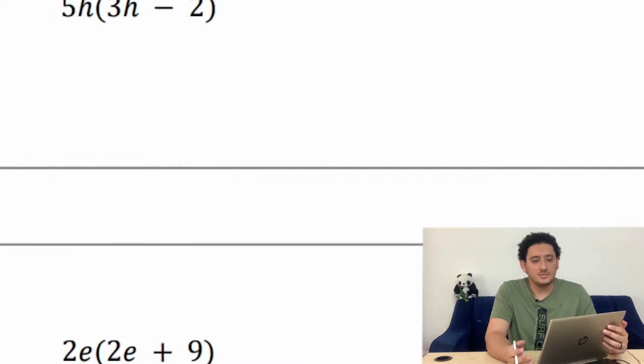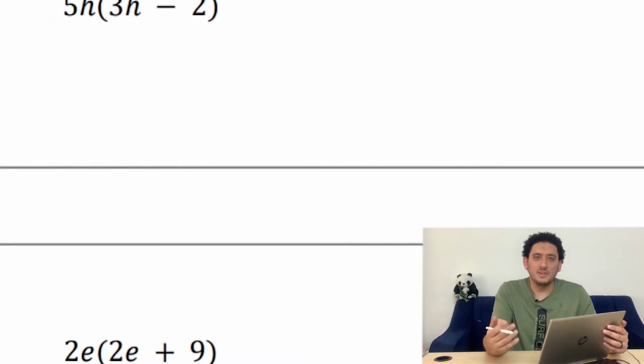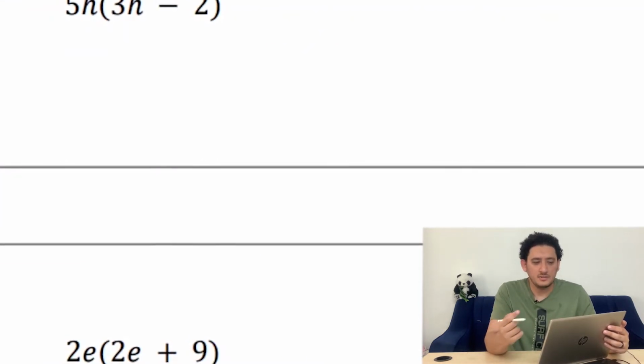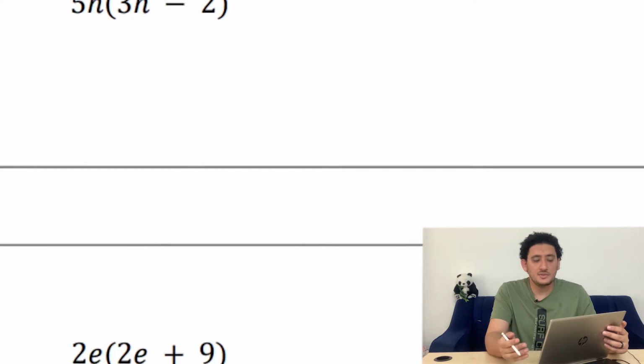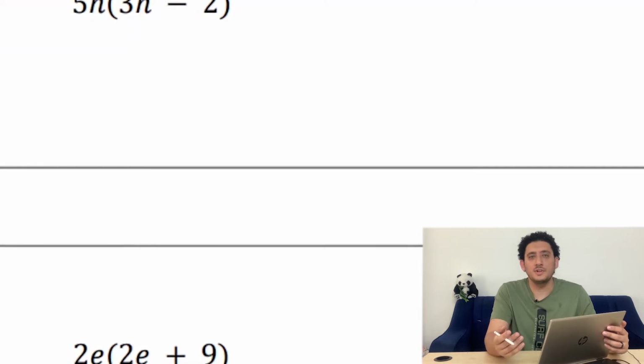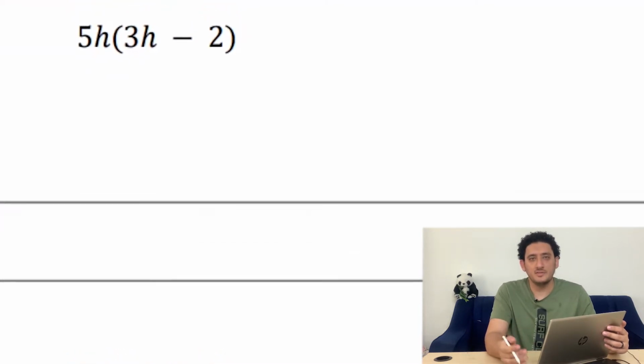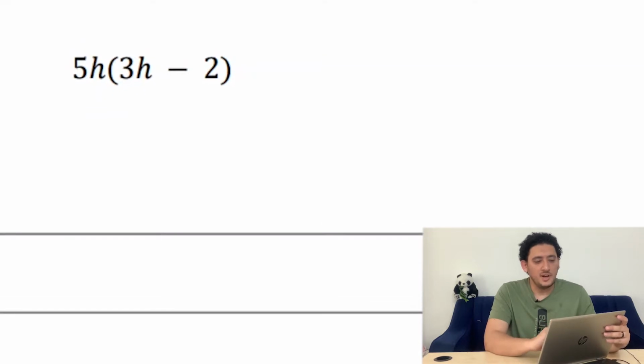The second idea that we have today is multiplying one term by a whole expression by distributing the multiplication, but you need first to know the rules of indices and how to multiply variables. Like this one, 5h multiply 3h minus 2.